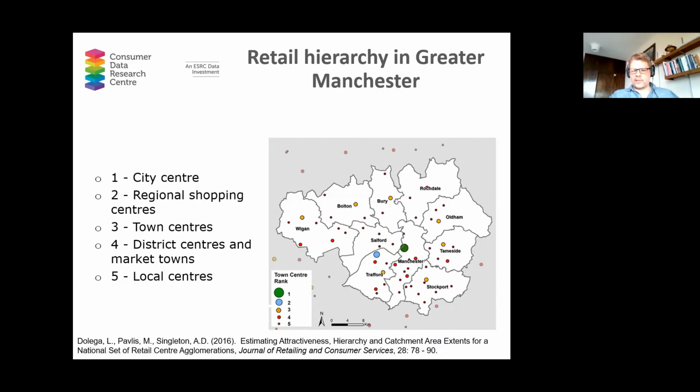And then we have a number of major towns and town centres, which typically are the satellite towns around Greater Manchester, just Wigan, Bolton, Stockport, Oldham, and so on. Then each of these local authorities have a couple, two or three district centres and quite a large number of local centres.